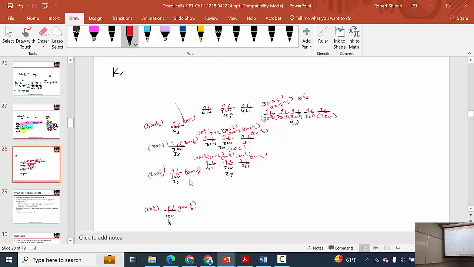Which number is m? And so the question is, how many of these will have m equals 1? You see?